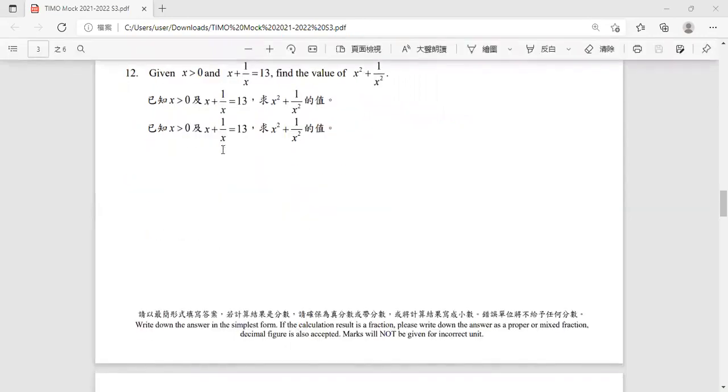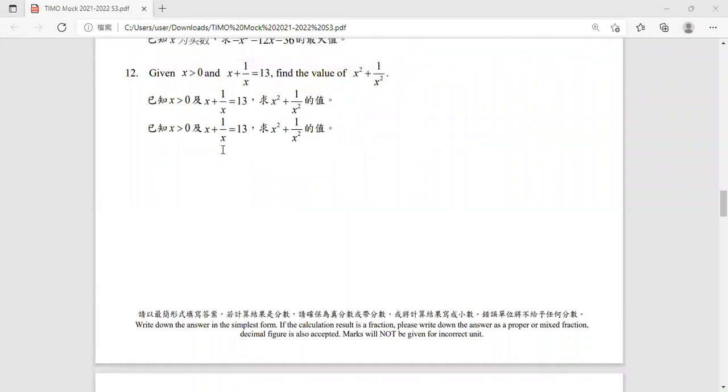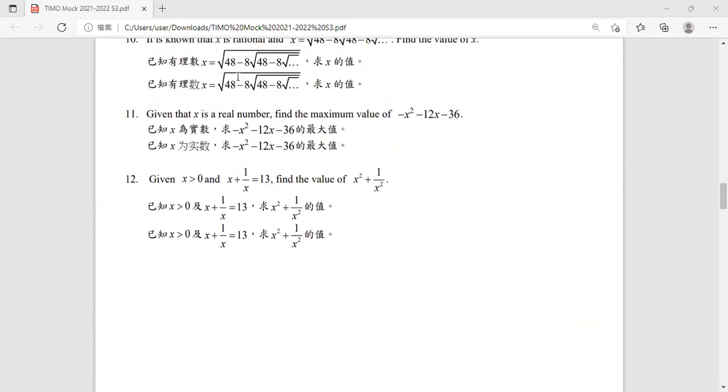Okay, 12. This one is also straightforward. You just pick the numbers. I just need to square this one.